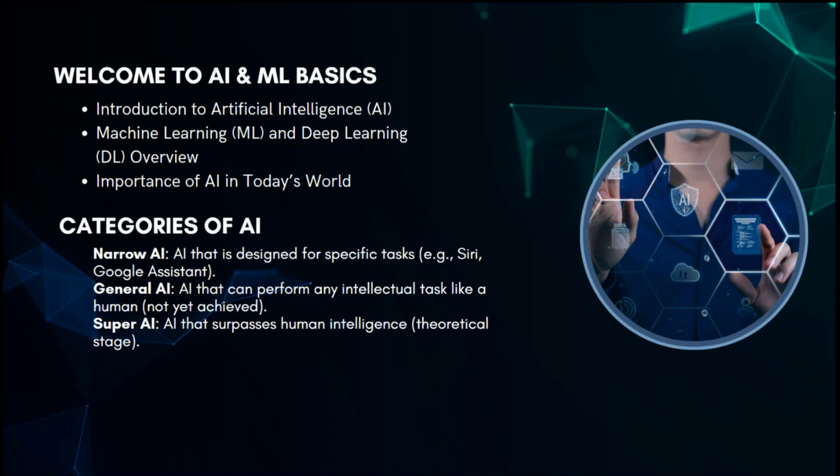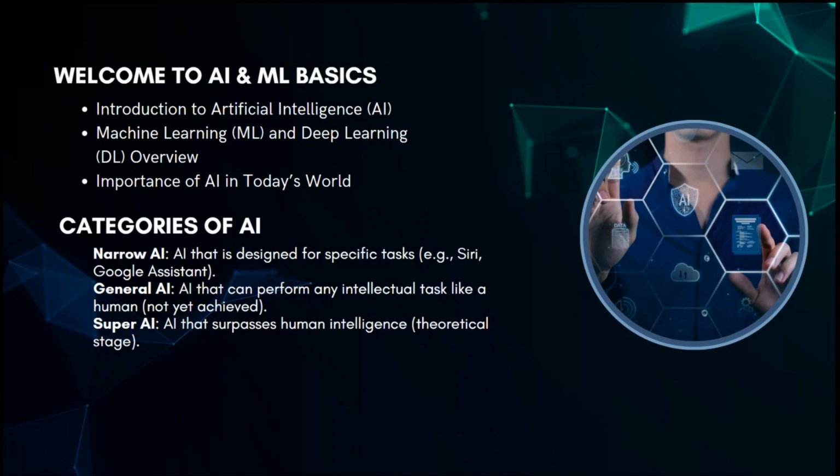Let's say there is a robot which can perform brain surgery; those kinds of things come under general AI. This is in progress right now. It is not achieved, but definitely it can be achieved in the next 5 years.